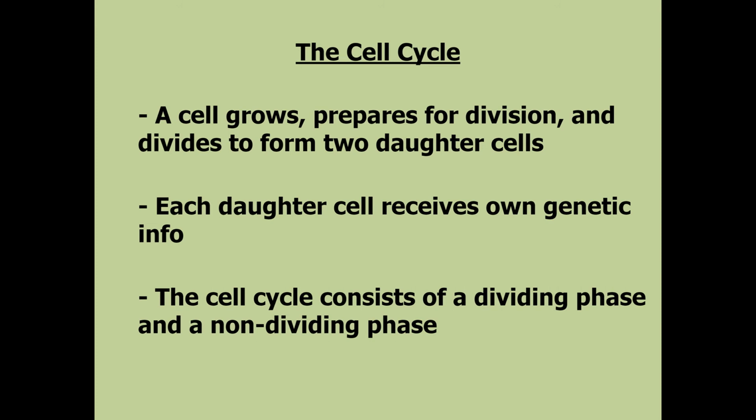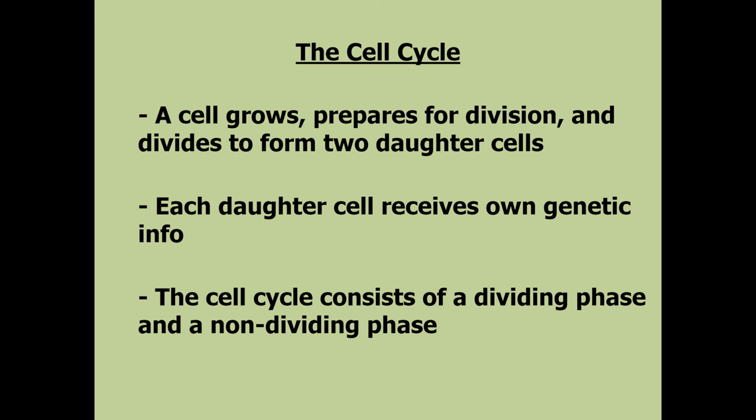So the cell cycle is what we refer to when we talk about the cells dividing and growing. So a cell grows and prepares for division, and it starts to divide to form two daughter cells. So you have one cell and it divides to make two cells, two new cells. This is how people become people. We start as one cell, as egg.